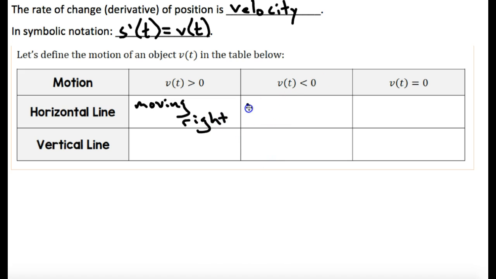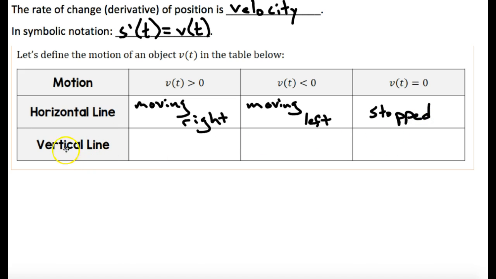If my velocity is negative, that means I am moving left. This doesn't mean I'm speeding up or slowing down or anything like that. Positive and negative velocity just tell me what direction I'm going. So positive means moving right, negative means I'm going left. If my velocity is 0, that means I'm not moving at all. That means I am stopped.